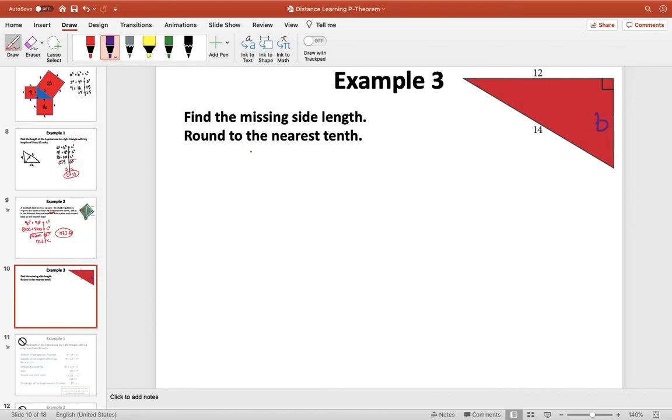Okay, let's go ahead and set up an equation. So this time it's going to be 12 squared plus, we're not going to put a number here, we're going to put B. B squared equals 14 squared. Okay. So you notice this time we're not finding the hypotenuse. We already know it. We're using the hypotenuse and one of the legs to find the missing leg over here. So 12 squared is 144.